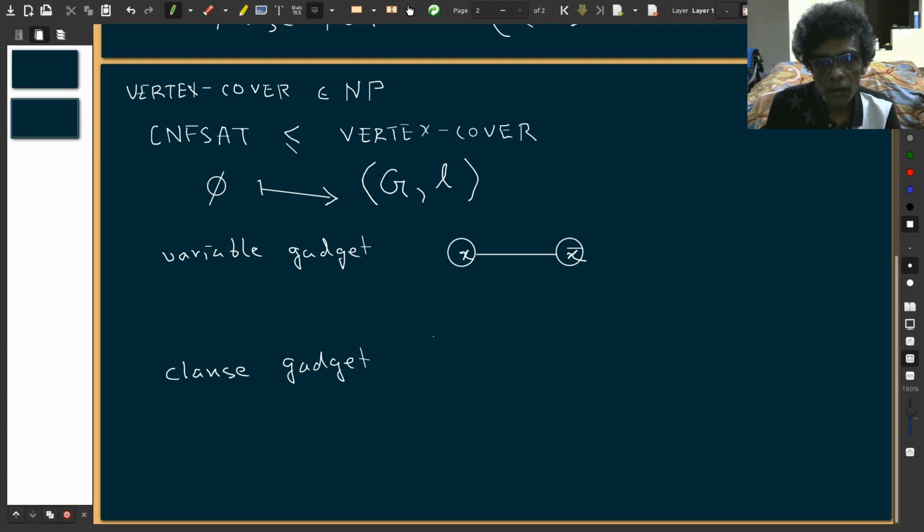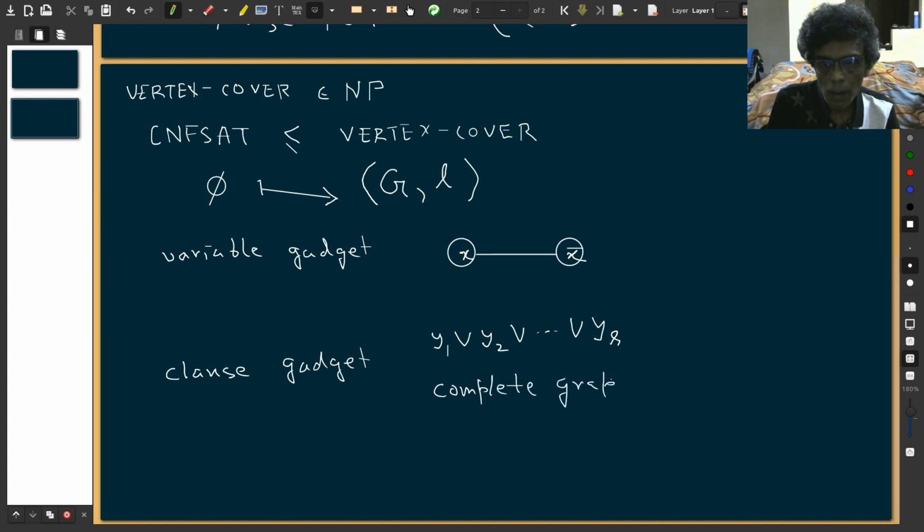And if we have a clause like y1 or y2 or ... yl, of size s, then the clause gadget will look like a complete graph on s vertices labeled by these literals.